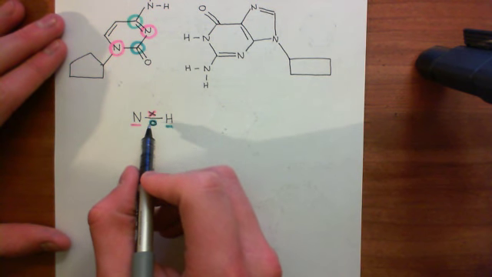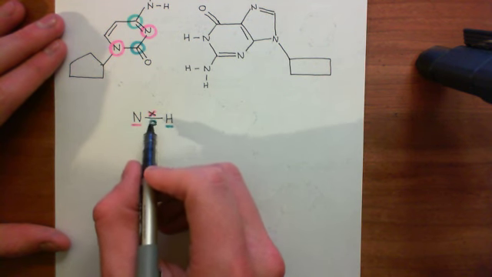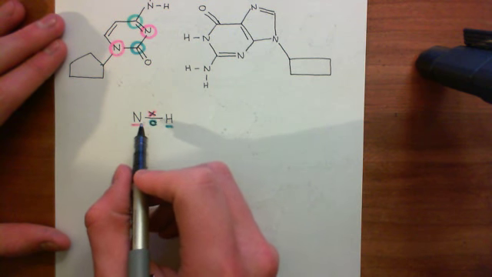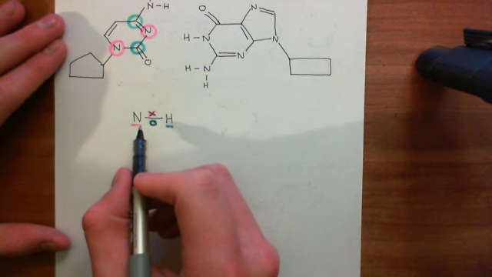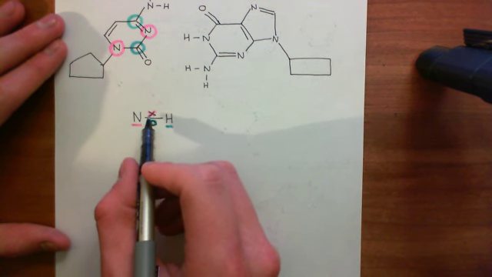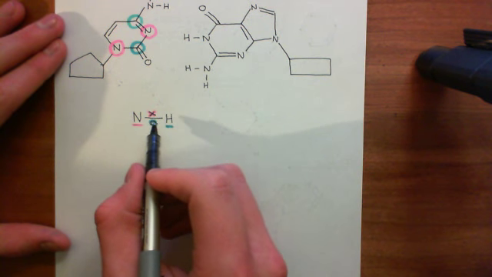Well, to answer this question, we need to think about what forces are going to be acting on these electrons here. So, these two electrons in this covalent bond are going to be feeling attraction to positively charged particles because they themselves are negatively charged, and opposite charges attract one another.